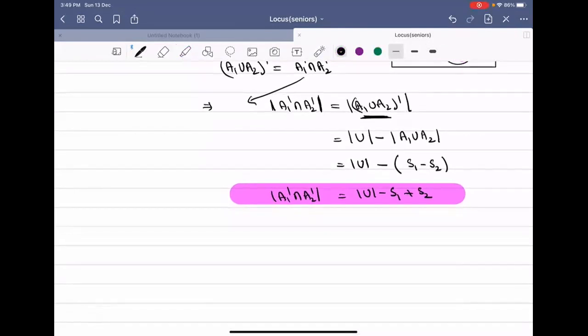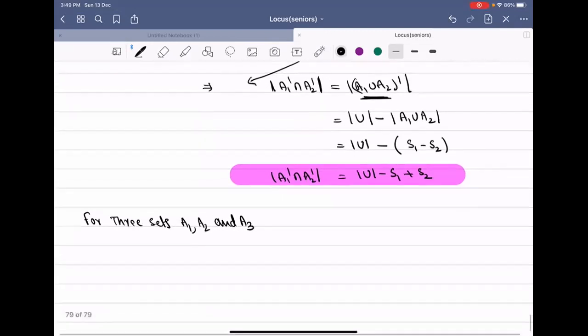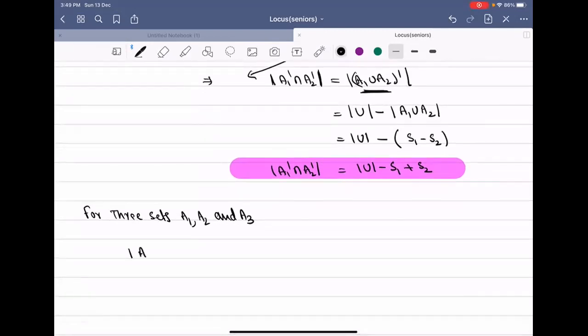For three sets, directly we will write. Already from De Morgan's law, we proved this one for two sets. For 3 sets, A1, A2 and A3, if you write A1 prime intersection A2 prime intersection A3 prime is equals to universal set minus number of elements in A1 union A2 union A3.